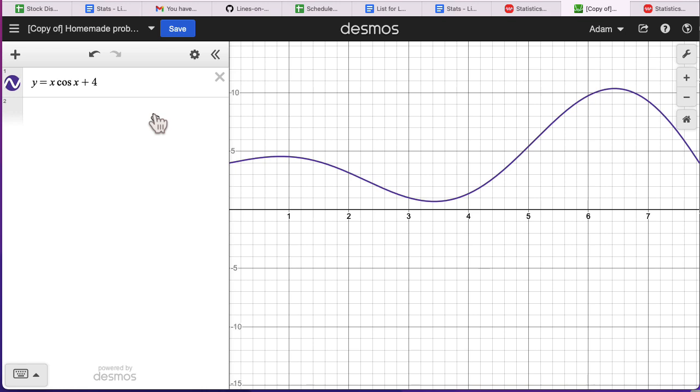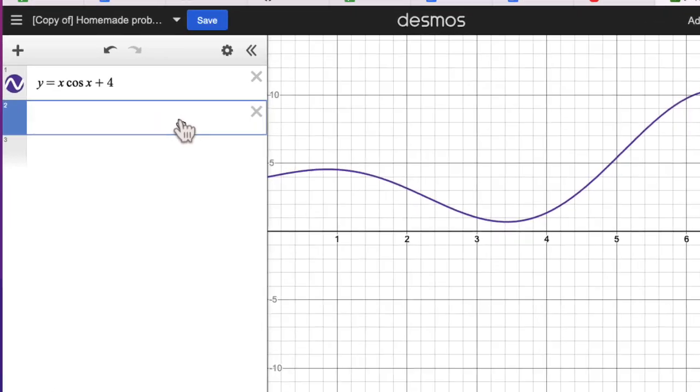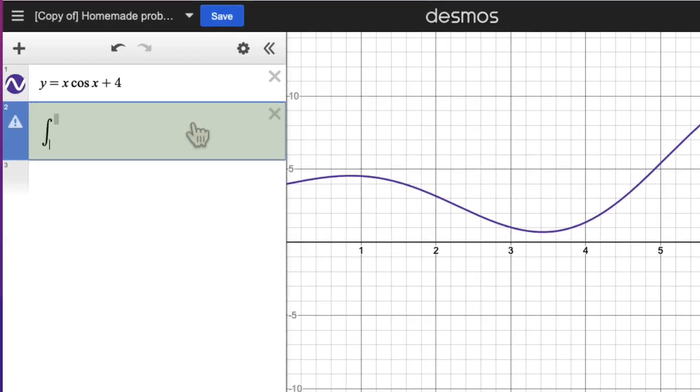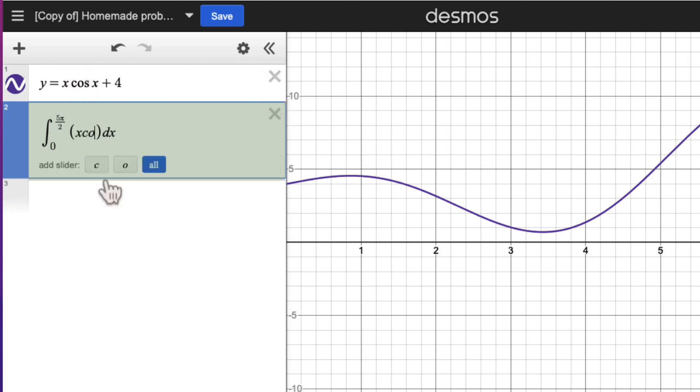Probably you're thinking, okay, the area under the curve has to equal 1, so how do I do that? I'm going to put in int, for integral, from 0 up to 5 pi over 2, then parentheses and a dx outside, and I'll type in x cosine x plus 4.